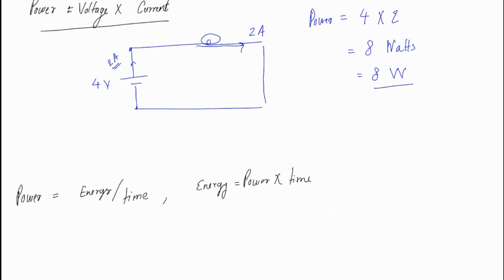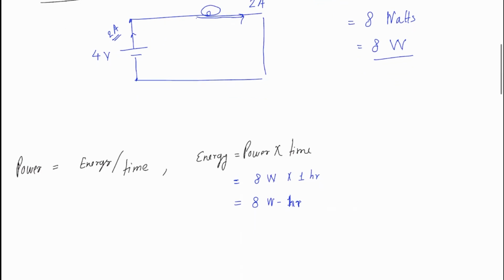If you want to find out the energy consumption, it is power, that is 8 watts, times 1 hour, and that will be 8 watt hours. Okay, that's how you do it.